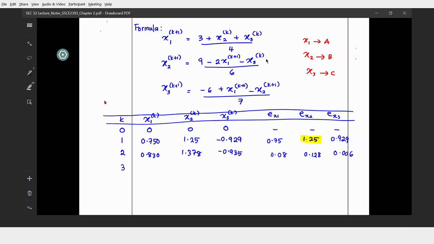Okay, row number 4. K equals 3. What is X1? Rahman, ada answer? Do you have X1?